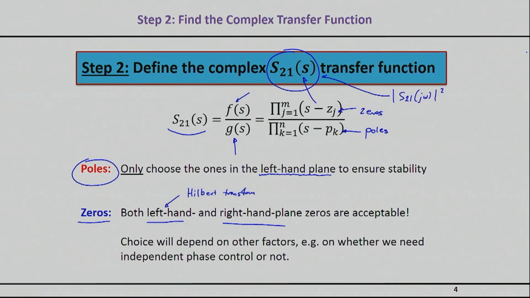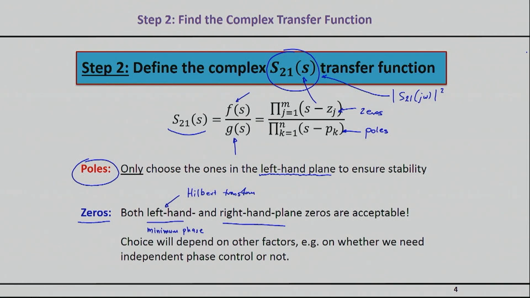Now, you might say, from a physical point of view, when I realize a filter, what gives away if I have chosen left-hand zeros or right-hand zeros? The issue is that the left-hand zeros are related to filters that have what we call minimum phase. Essentially, what that means is that you have minimal phase from input to the output.